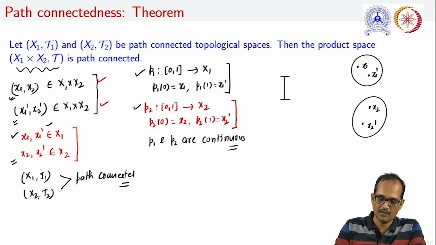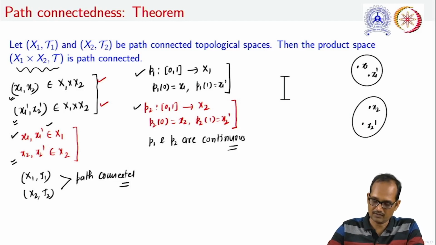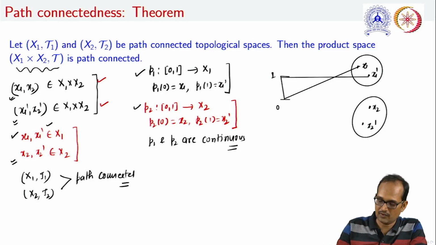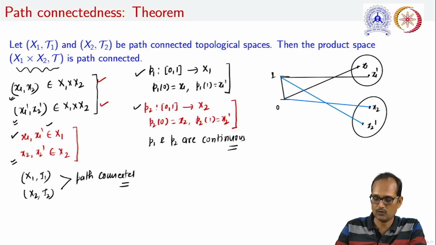We can construct a function from the closed interval 0 1 to X1 sending 0 to x1 and 1 to x1 dash. Similarly, another function sends 0 to x2 and 1 to x2 dash. This one is p1 and this is p2.